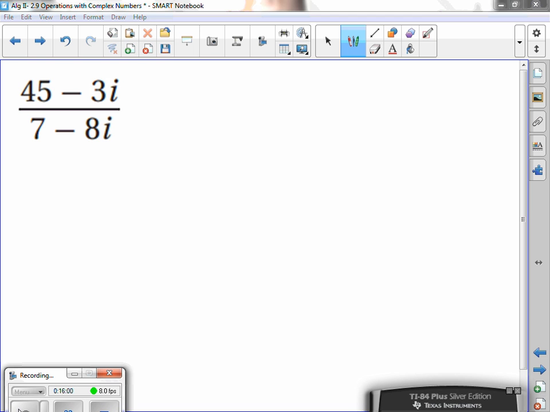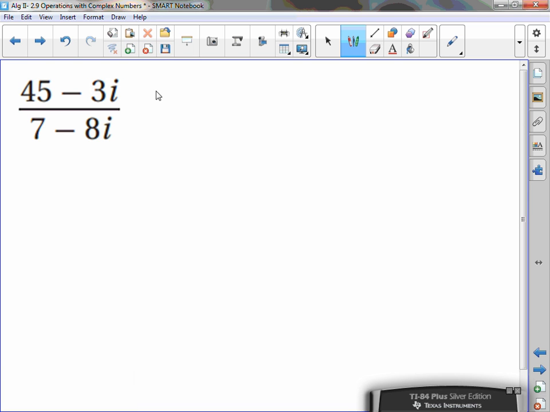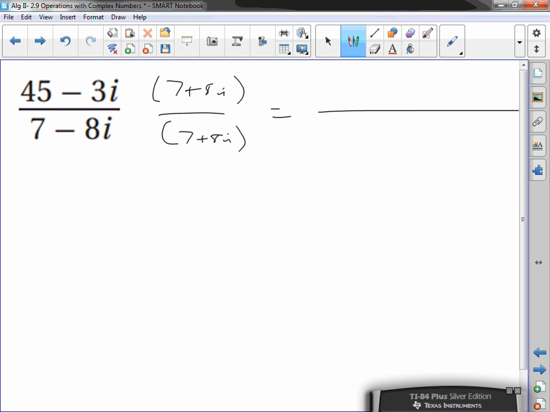(45 minus 3i) all over 7 minus 8i. Coming around for this problem, I saw a lot more people put the conjugate. 7 plus 8i. Now it's the distributing. 45 times 7 is 315. 45 times 8i is 360i.